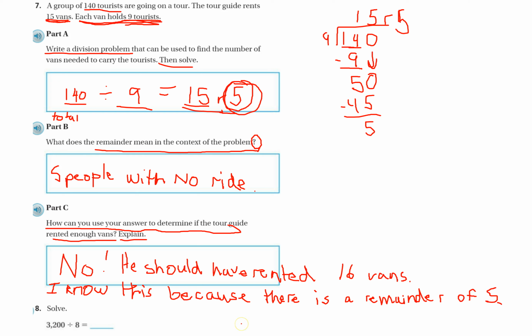So in this particular problem, I need to add 1 to the quotient. The original quotient was 15. Because of the way we have to interpret this remainder, I have to add 1 to that, meaning we need 16 vans instead of 15.